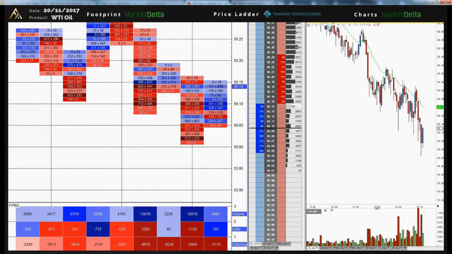We can see that down below, minus 5,190 at current time. So we can see quite an aggressive short positioning in the market. And we can see that really over the course of the session, the sellers have dominated for pretty much the entire session.